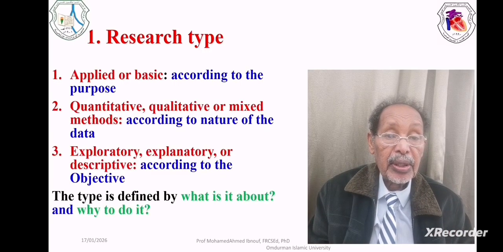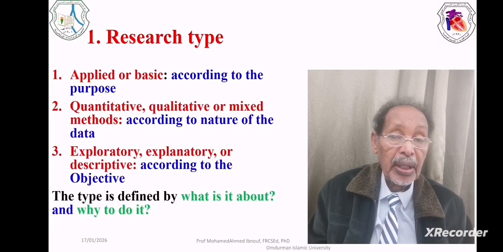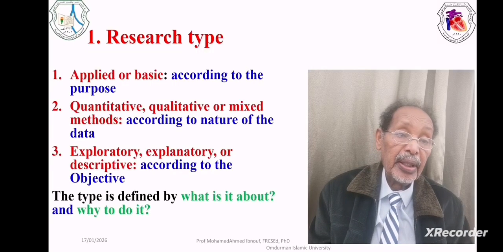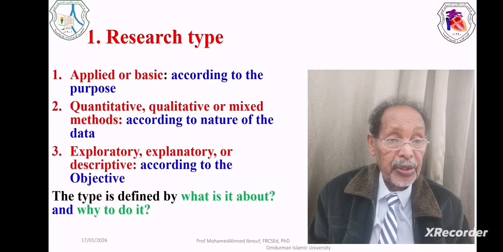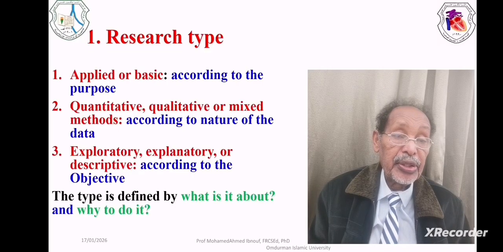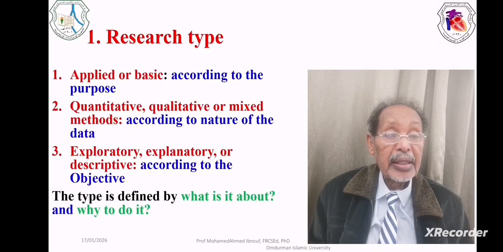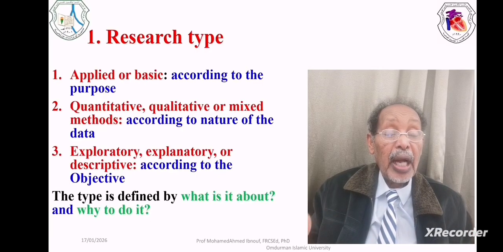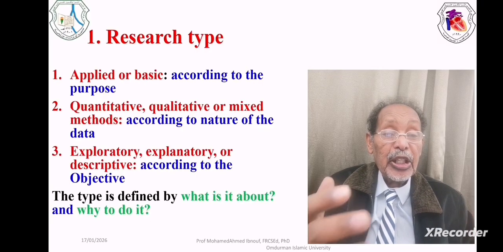These questions, what is the research about and why it is being done, the answer will give us the type of the research. In contrast, for the design of the research, we ask how is this research being constructed, or how is this research being structured.